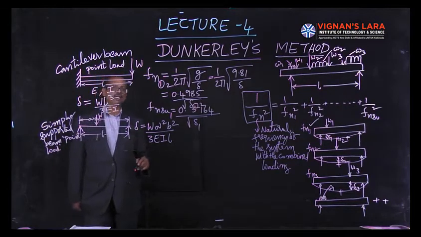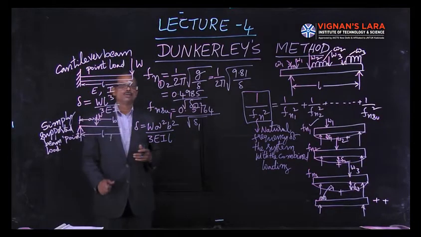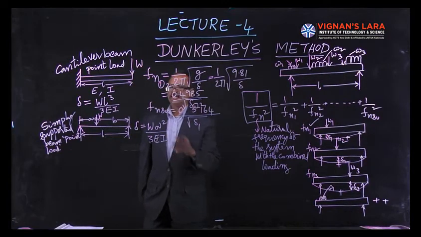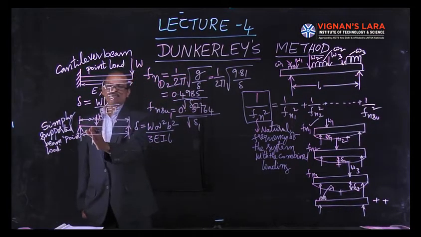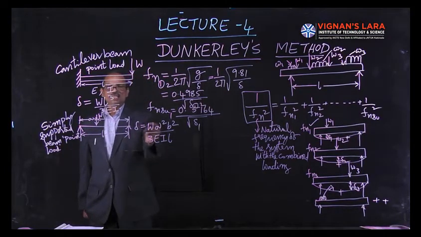So delta is equal to W A square B square by 3EIL.